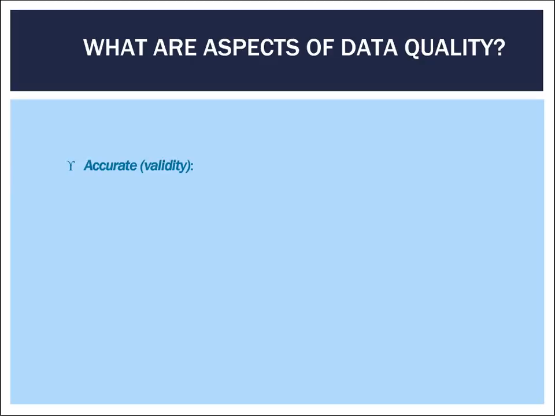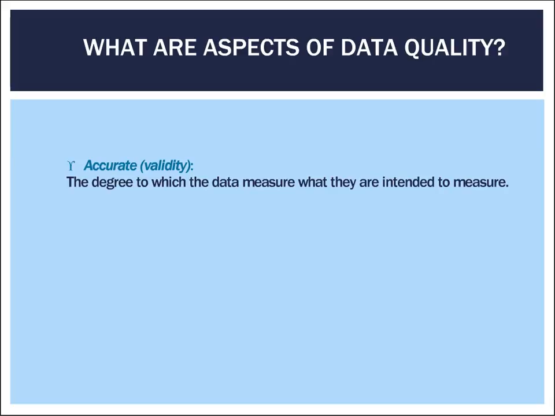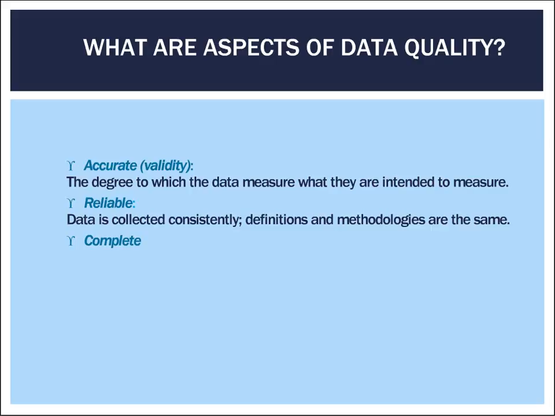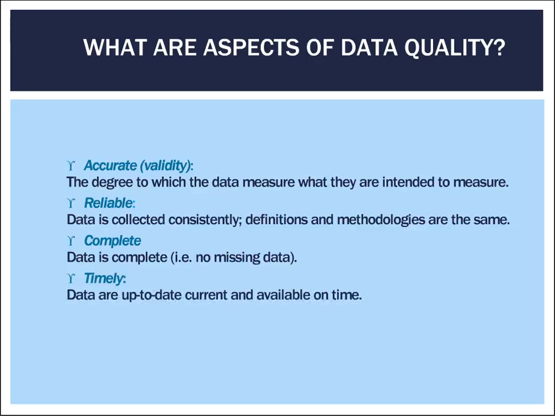The aspects of quality data are that it is accurate, meaning that we are measuring what is intended to measure, that the data is reliable, meaning that all the partners are consistently collecting the same information and the information is collected in the same way, that the data is complete and not missing anything, that the data is collected consistently and is current. Since we are working with sensitive client information regarding treatment, the data must also be kept confidential.